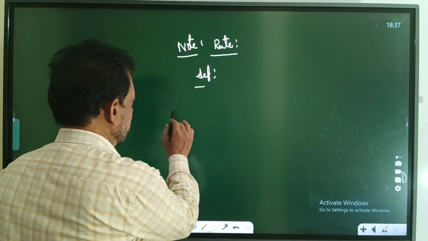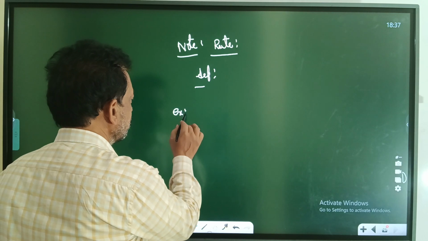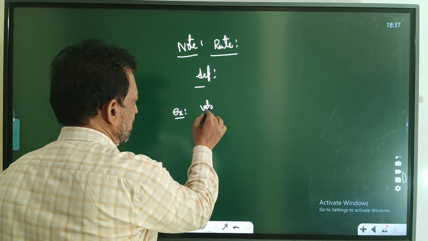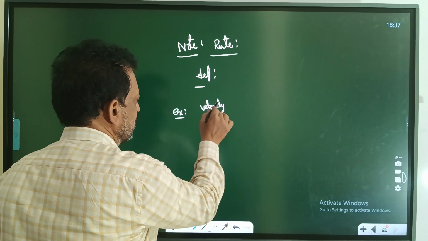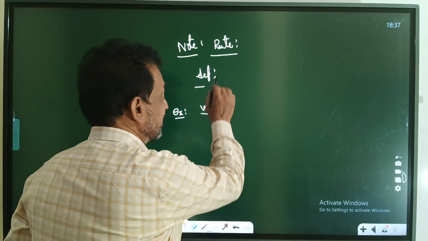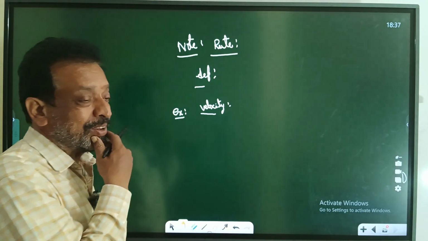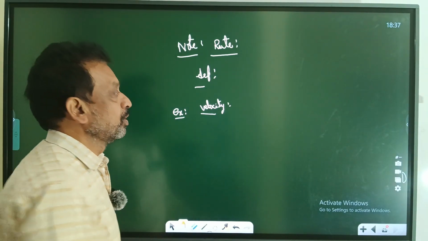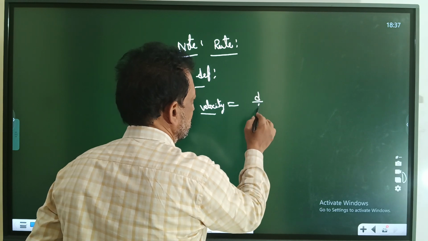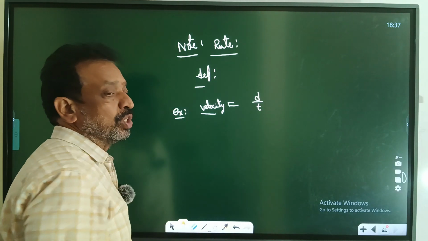Example: velocity. What is the definition? The rate of change of displacement is called velocity.